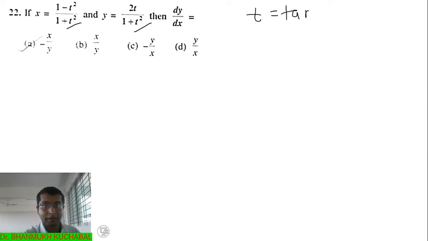Then we get 1 minus tan square theta divided by 1 plus tan square theta, so that is cos 2 theta.